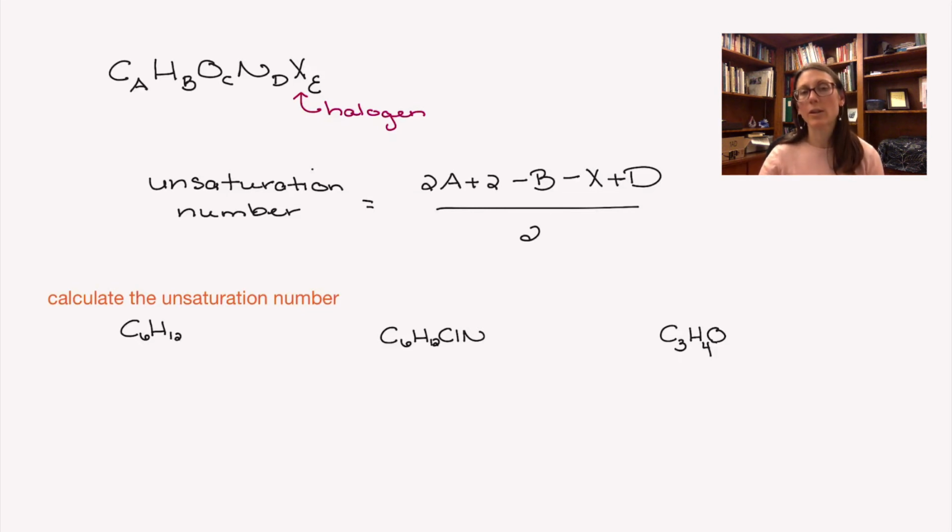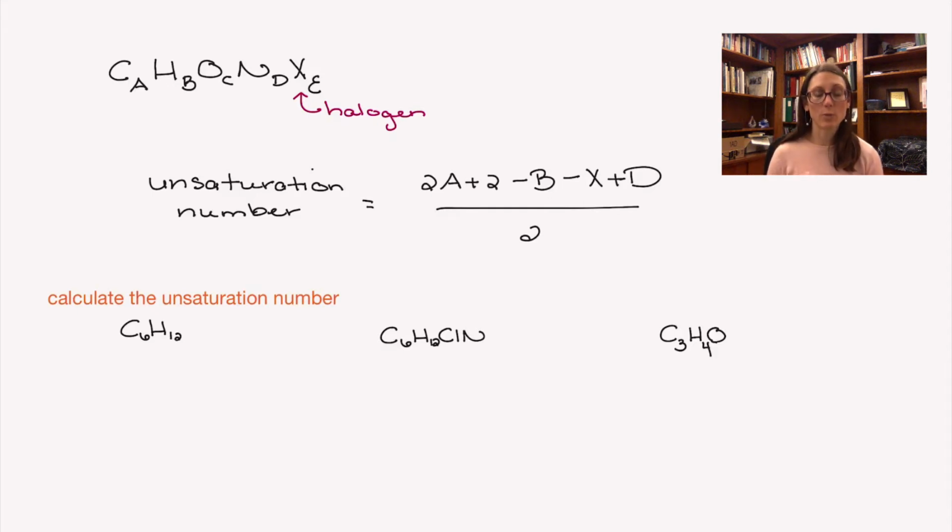You'll be given the formula, don't memorize it. You're going to take 2 times the number of carbons, add 2 to that. You're going to subtract the number of hydrogens, subtract the number of halogens, add the number of nitrogens, divide by 2. You'll notice we don't have to do anything with the number of oxygens. The presence of oxygen does not change the unsaturation number.